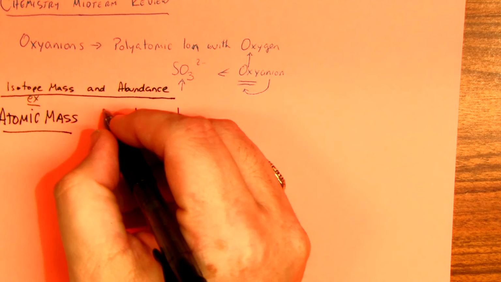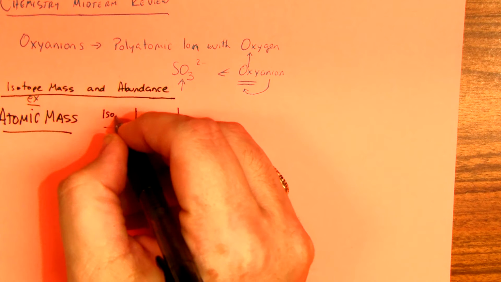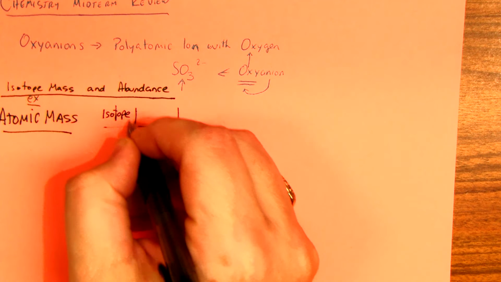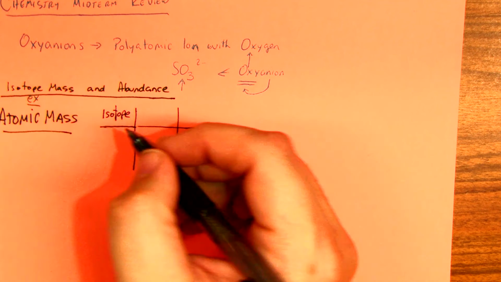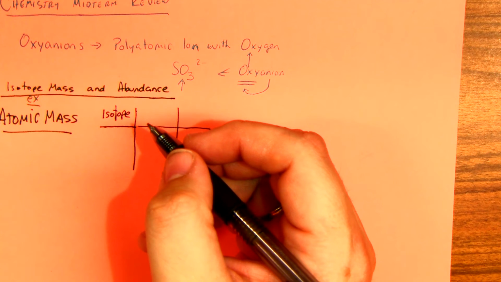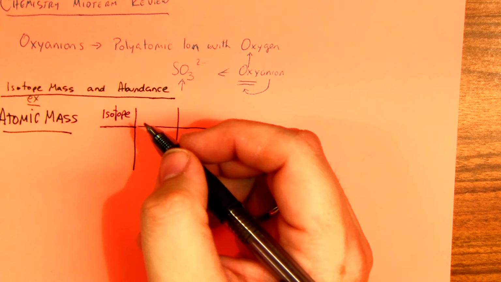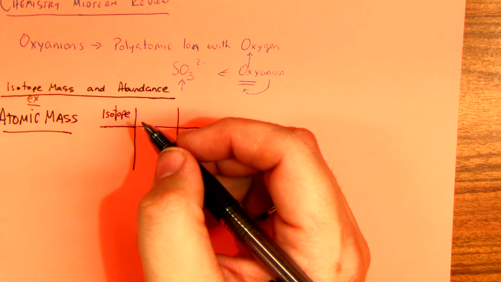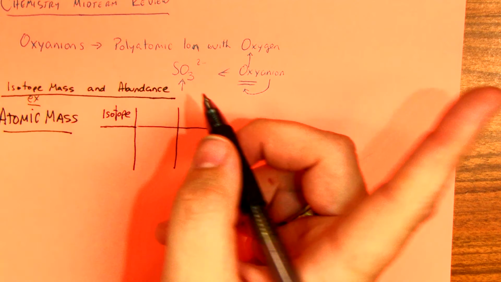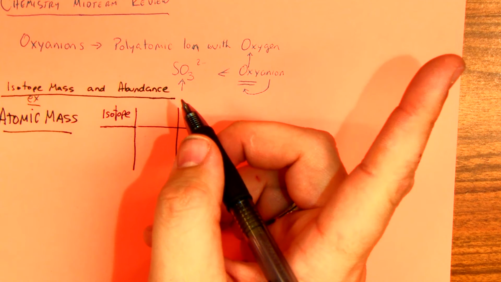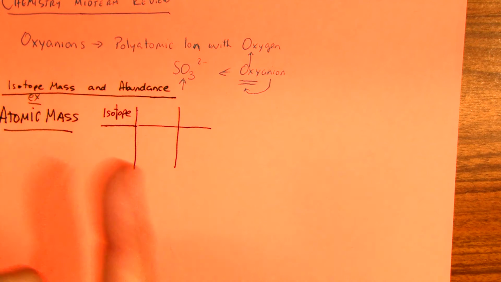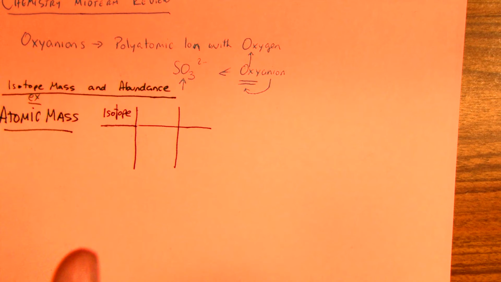here's your isotope. And everybody remember what an isotope is? It's not a different amount of protons. Because if it's a different amount of protons, the element will actually change. Because remember, what makes an element an element?